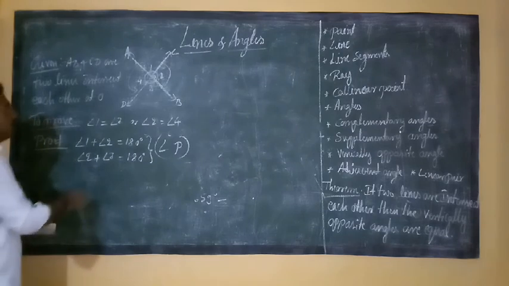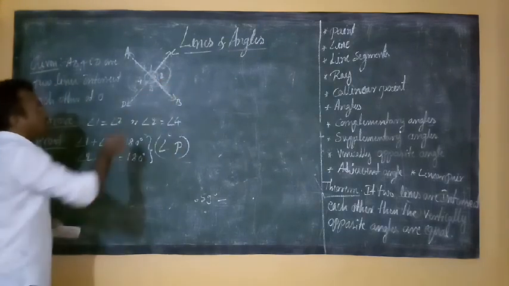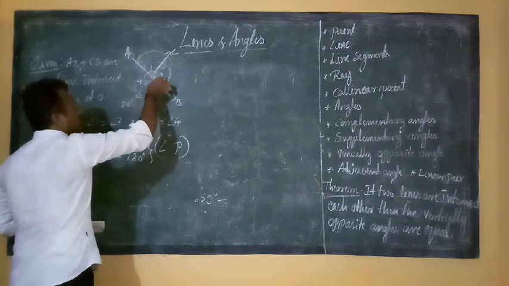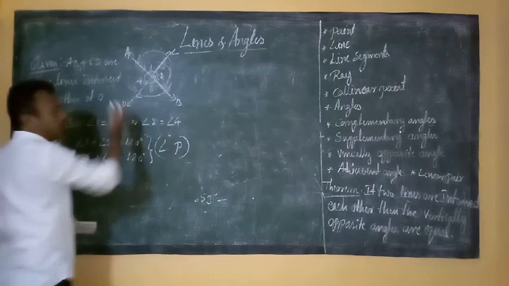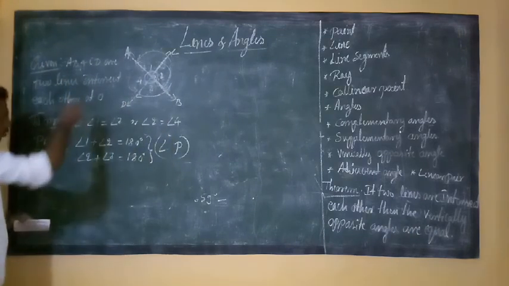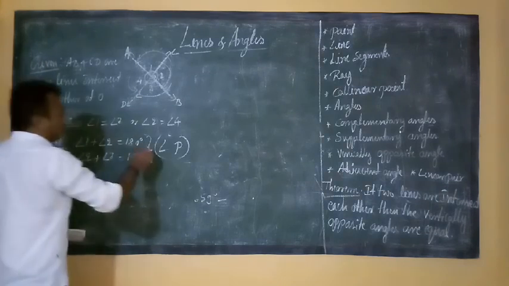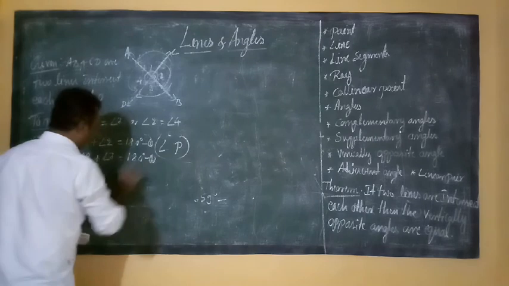Next one, like that. I will consider one of this type, and then I will consider like this or like this. So 2, 1, 4 or 2, 3, 4, any one you have to consider. I will consider 2, 3, 4. See students, this is equation number 1, this is equation number 2.